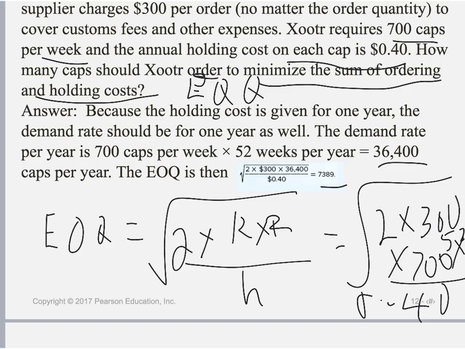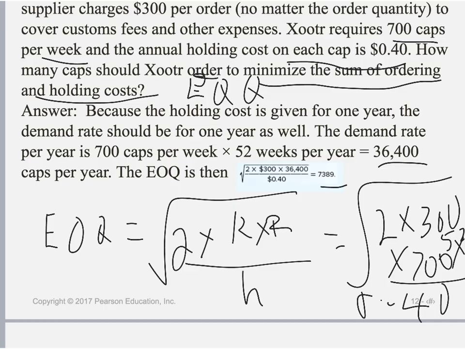The EOQ formula is 2 times the $300 that you're going to get charged times your annual demand of 36,400 divided by the H, which is 0.4, and then you square root all of that and you get 7,389 caps that you need to order each time you place an order.